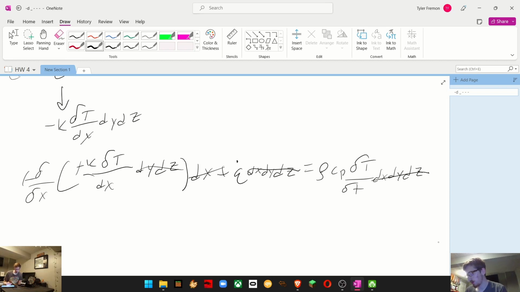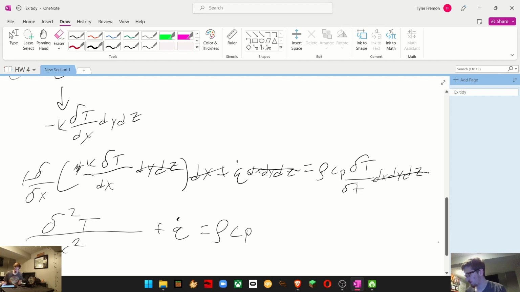And then here, with these canceled, we're going to have the second derivative of temperature with respect to position, plus q dot is going to be equal to our density times our heat capacity times our difference in temperature with respect to time.